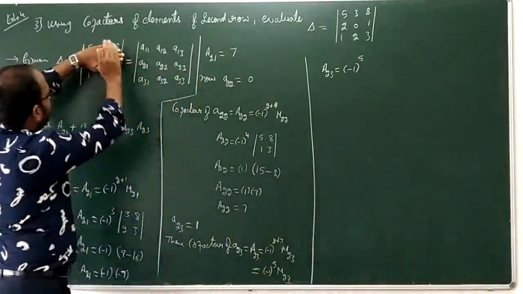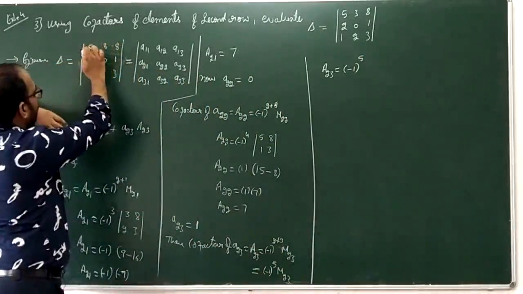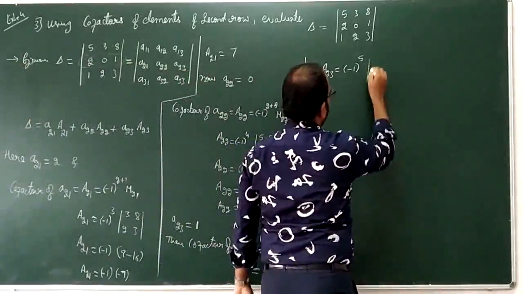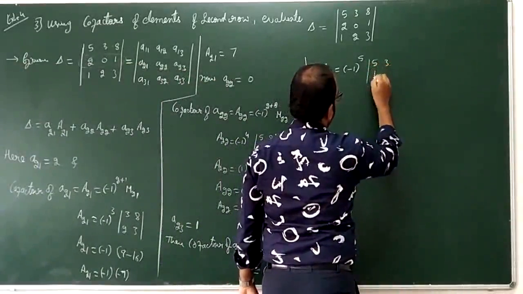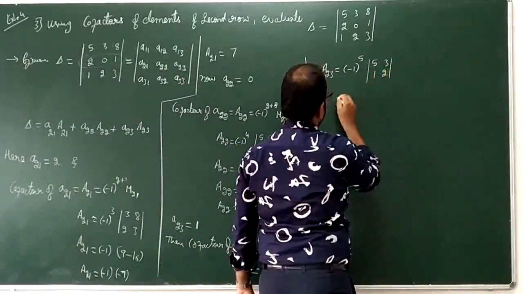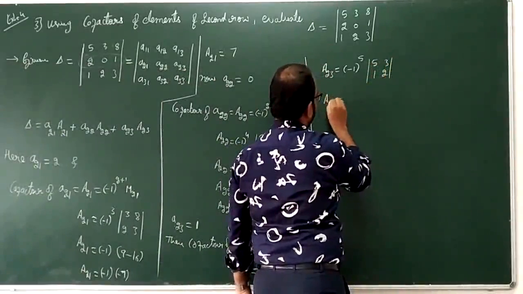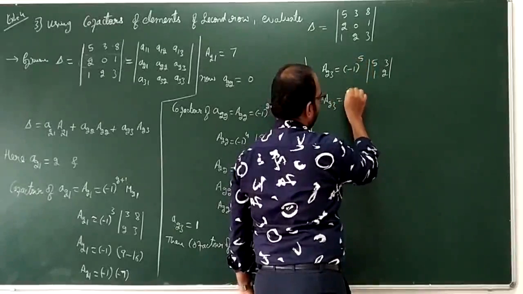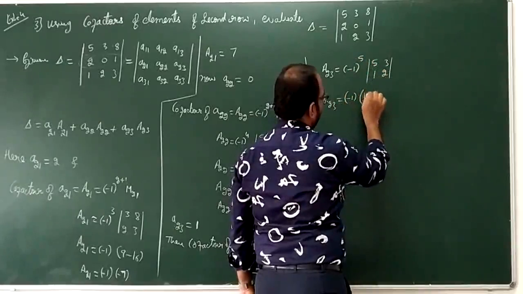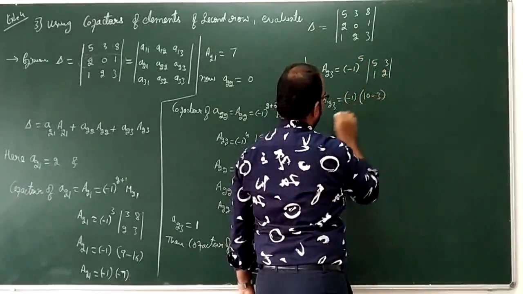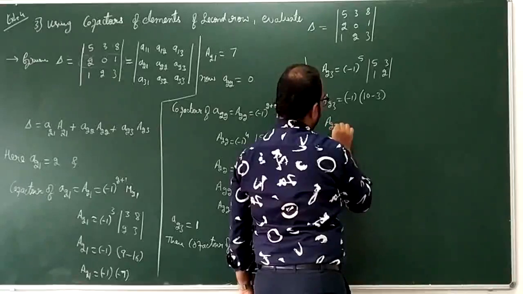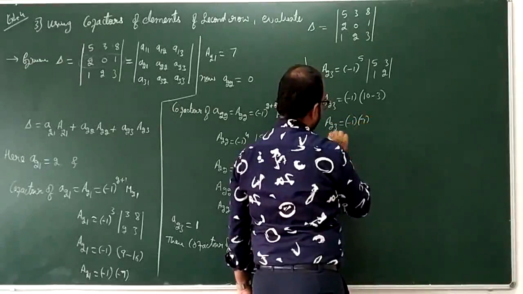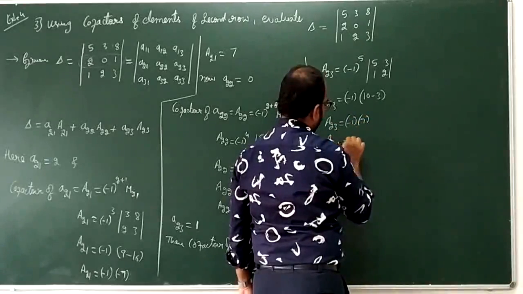If I am deleting the second row and third column, I am getting 5 3 1 2. When the power is odd, the value is minus, so minus 1 into 5 2s are 10 minus 3, that is A23 is equal to minus 1 into 7, that is minus 7.